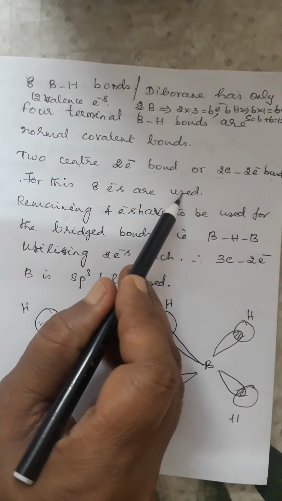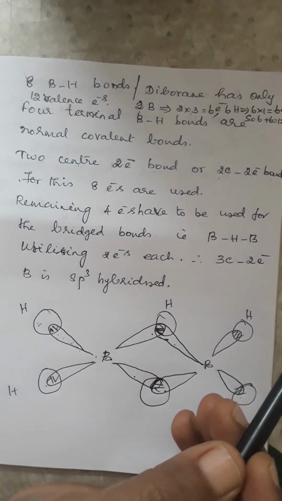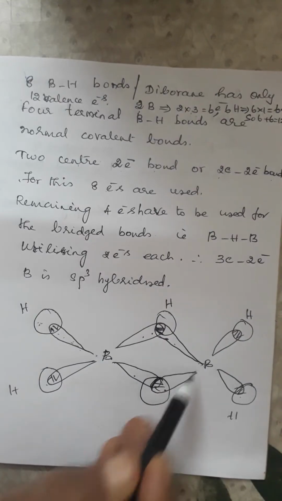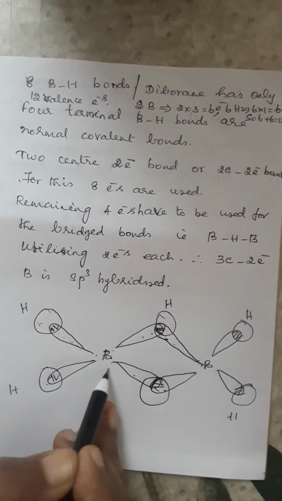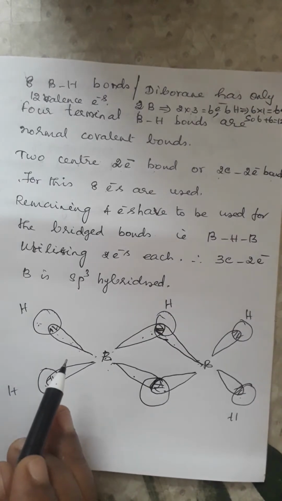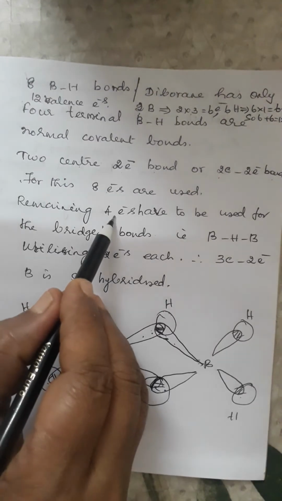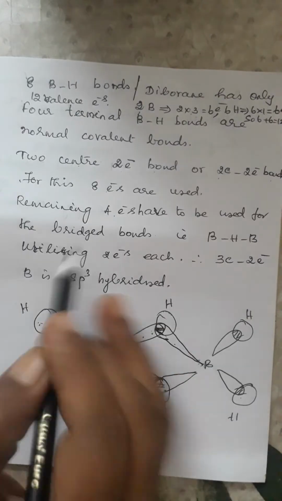We have only 12 valence electrons. Remaining are 4 electrons for the bridged bonds, BHB, BHB. Therefore, there are 4 BH bonds in the bridges. We would need 8 electrons, but we have only 4 electrons. Therefore, the bridged BHB bonds utilize 2 electrons each.